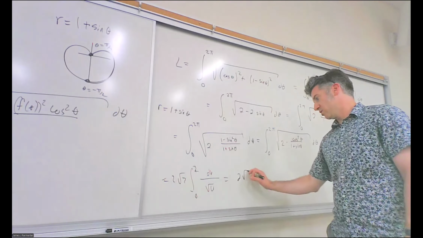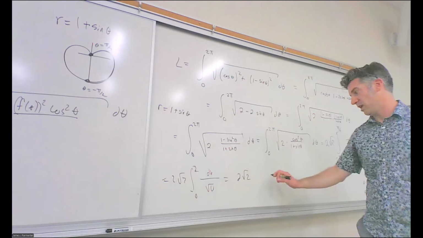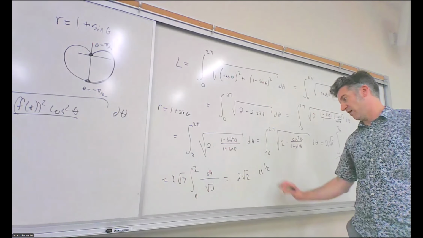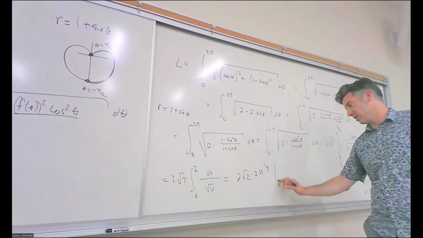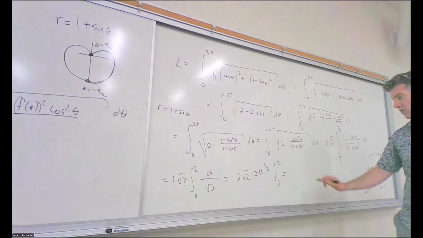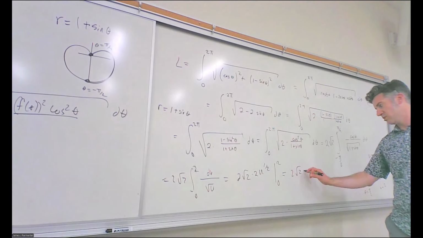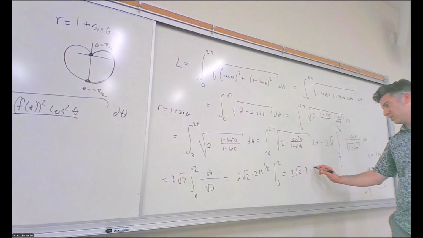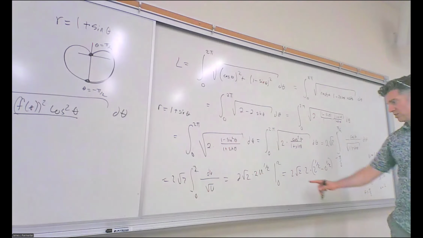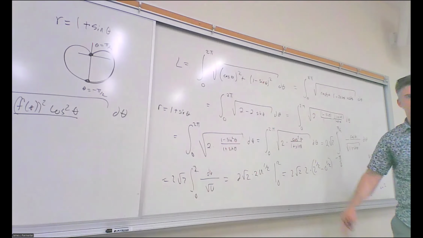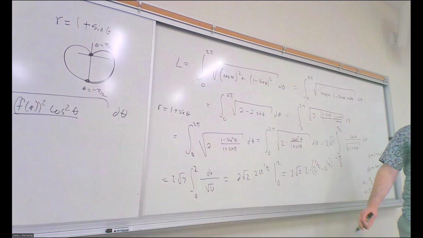This is 2 root 2. We're integrating u to the negative 1/2. We're getting u to the positive 1/2 divided by 1/2, which is times another 2. From 0 to 2. And finally, we get 2 root 2 times 2 times 2 to the 1/2 minus 0 to the 1/2, which is 2 times 2 times the square root of 2 times the square root of 2, which is another 2, which is 8.